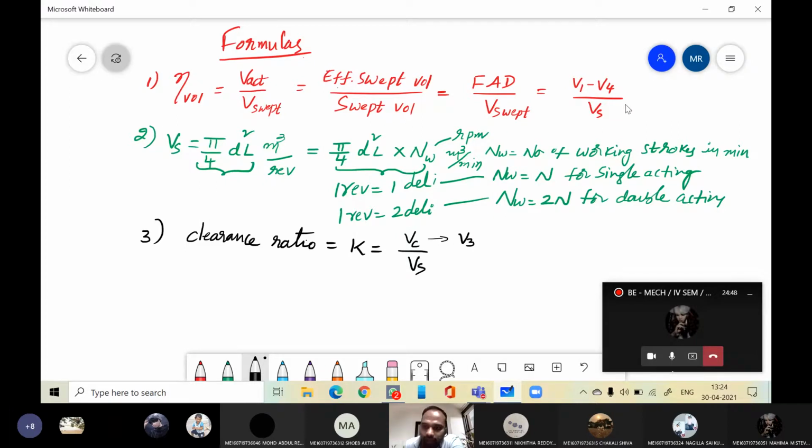Again I can write volumetric efficiency in terms of clearance ratio: 1 plus k minus k into P2 by P1 whole power 1 by n.